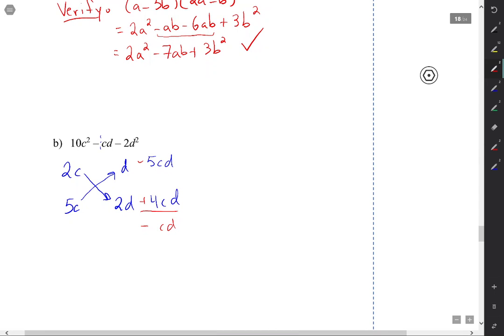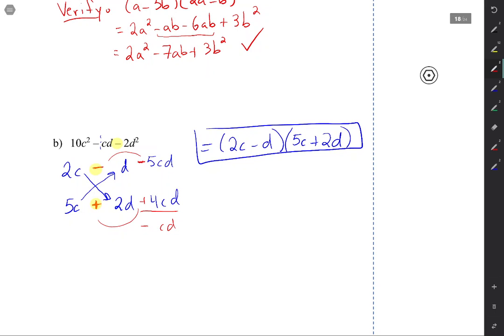So that means we would have a negative sign on the top here and a positive sign on the bottom here. And one more check. Does a negative times a positive give us a negative? Yes, it does. So we know we're all good here. So our final answer factored will be 2c minus d times 5c plus 2d.